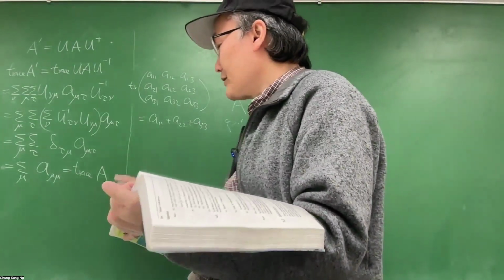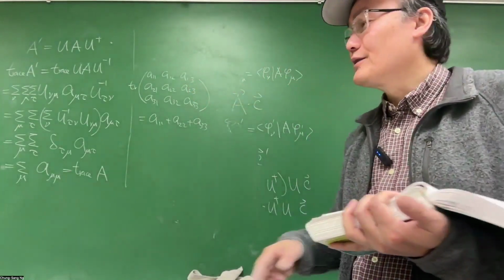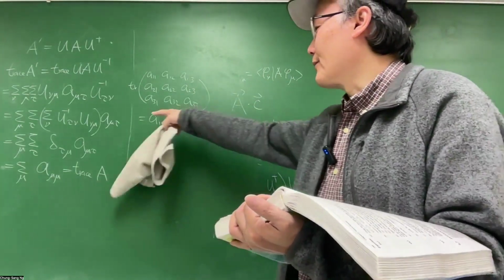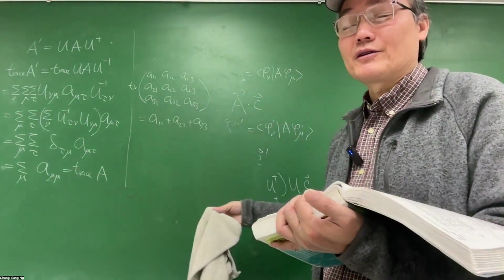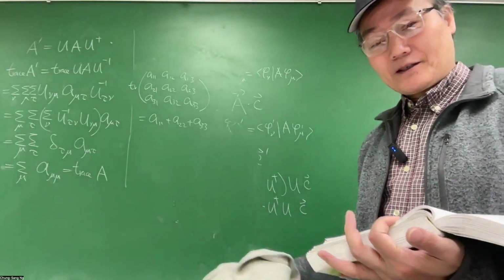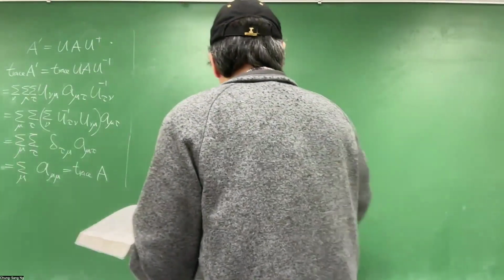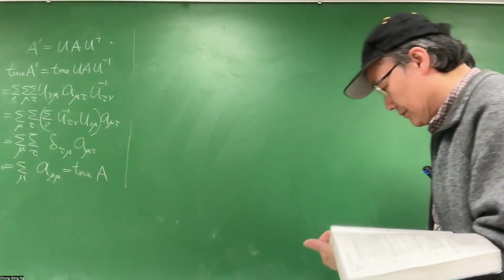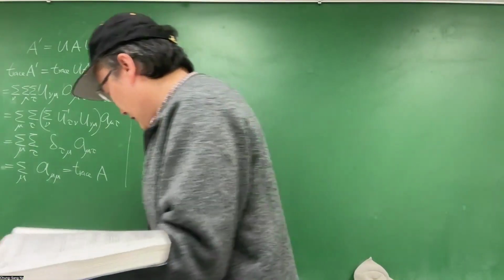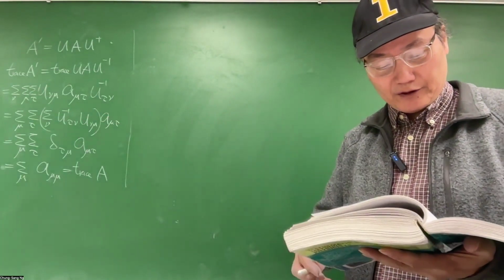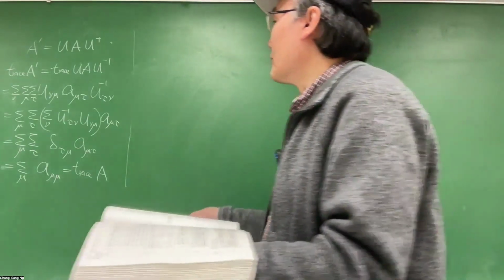But by definition it's just the sum of diagonal elements. Now the other quantity that is preserved, our invariant, is the determinant, which is even more straightforward.